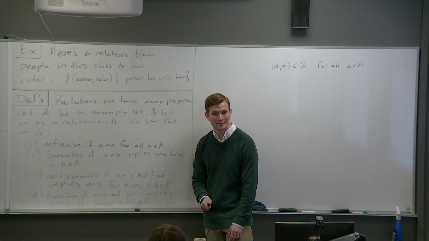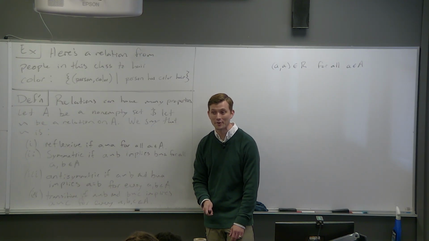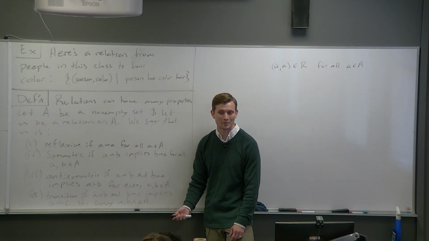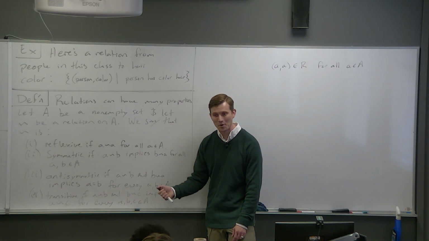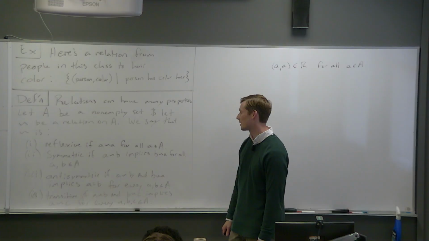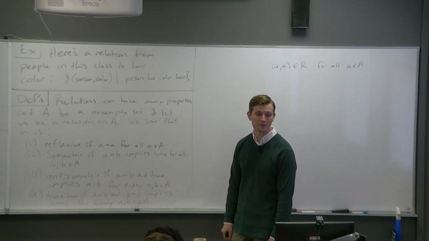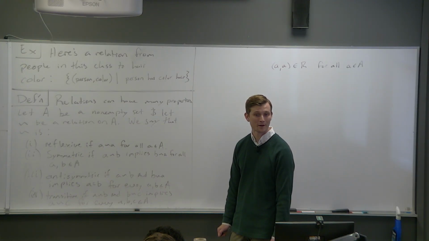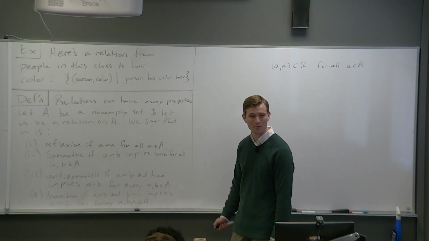It is irreflexive, which is another term people use, but we won't bother with it here, though it's a perfectly reasonable thing to define. There's an enormous laundry list of potential properties you can define for relations. We may talk about some more, but for now, let's get started with these four.